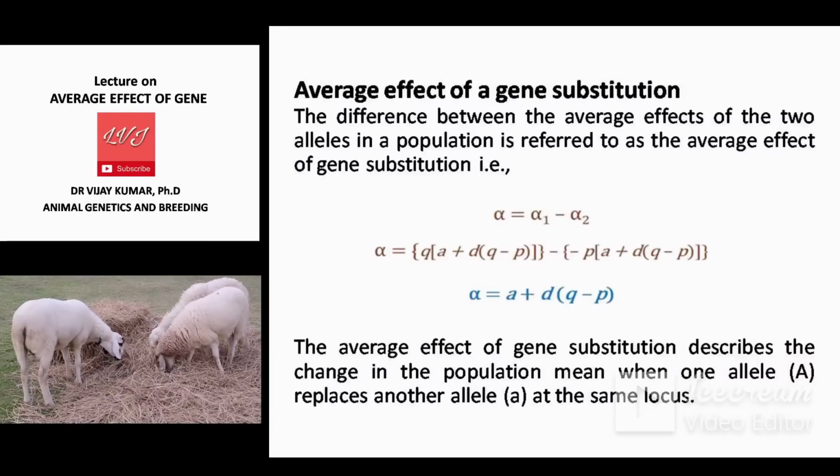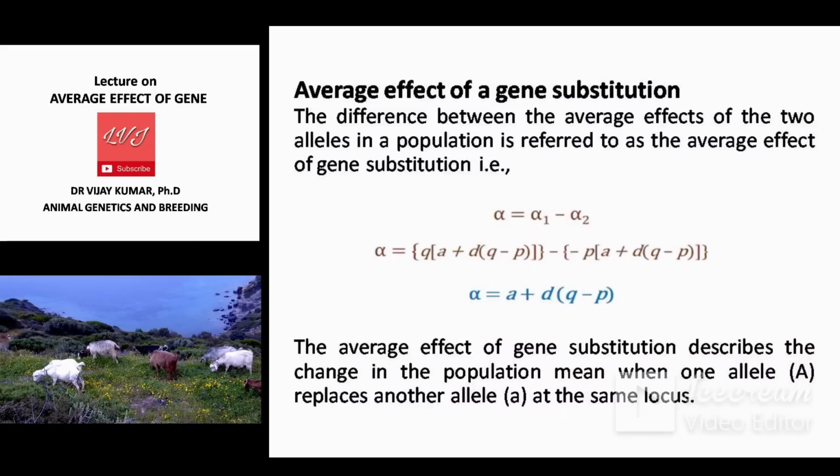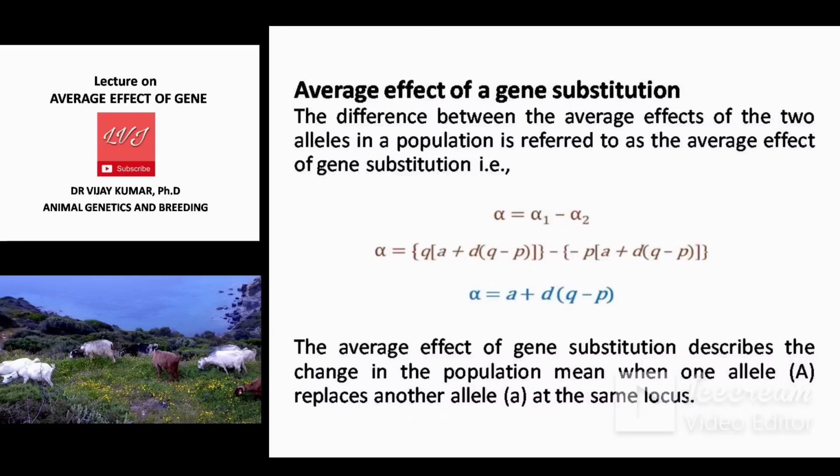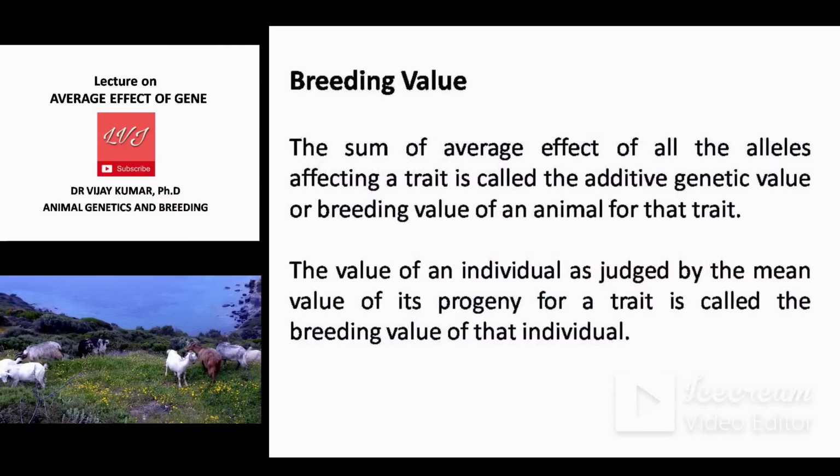The average effect of gene substitution describes the change in the population mean when an allele, suppose the dominant allele, replaces another allele, the recessive allele, at the same locus.